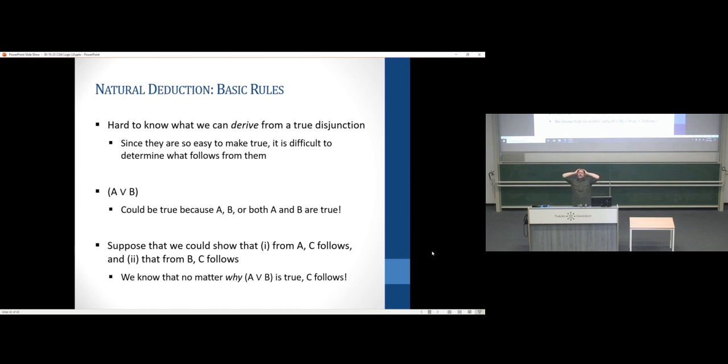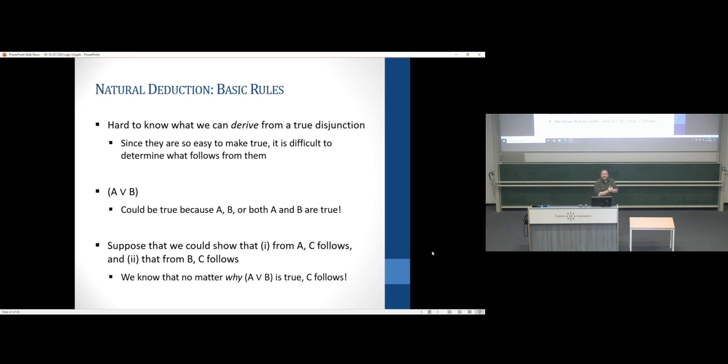But here's a neat little idea. Suppose that if you could show that, hey, if A were true, you can get to C, and that if B is true, you can also get to C. That is, no matter which place you start from, you always end up in the same location. Well, if you could show that, then you know that no matter why A or B is true, C is going to follow.